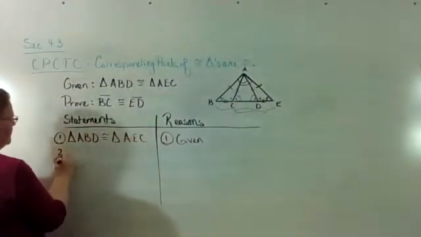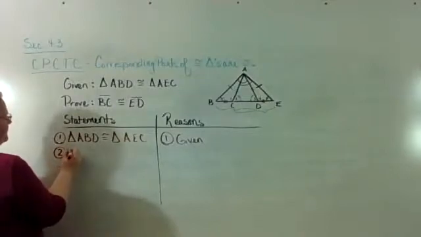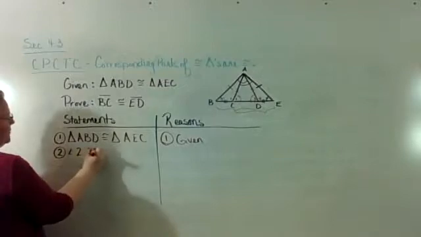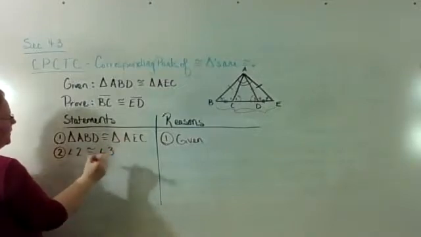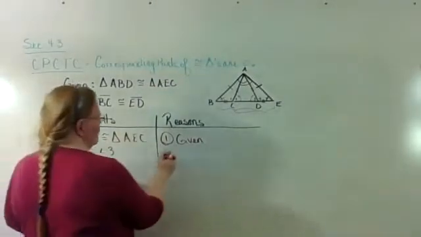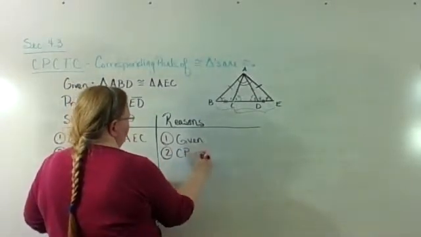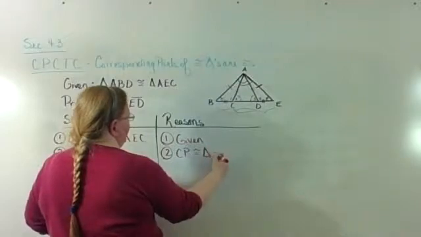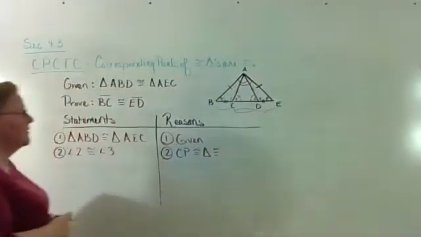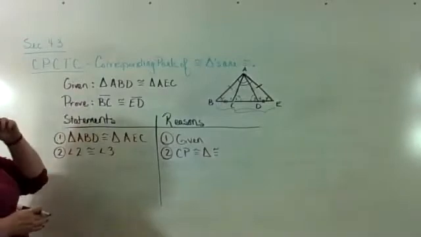Okay, so step 2. Angle 2 is congruent to angle 3 because corresponding parts of congruent triangles are congruent. And that's how I marked them.